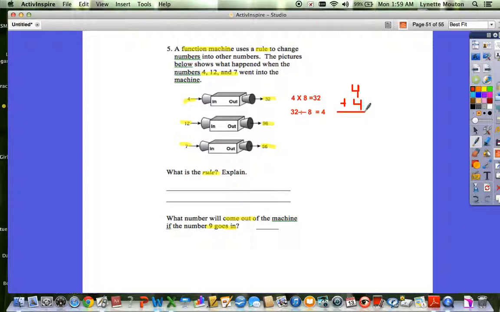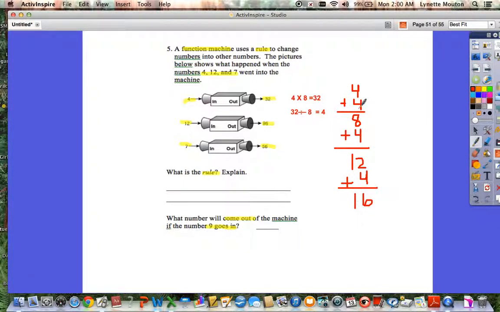So you do 4 plus 4 is 8, and then you add another 4, it's 12, and then you add another 4, is 16, and you would just keep going until you have 8 fours all together, which will add up to 32.